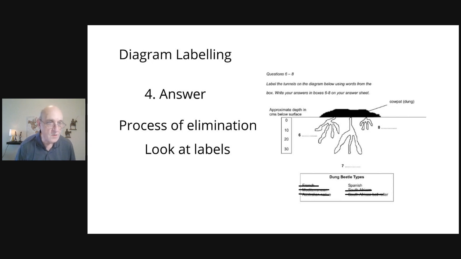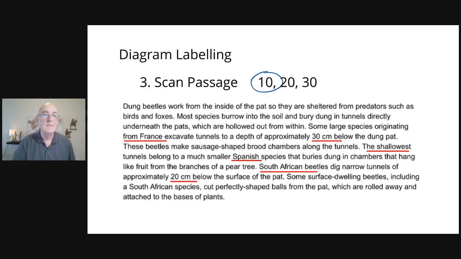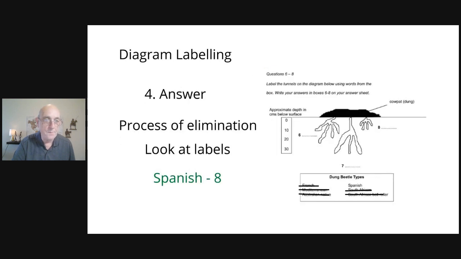And that leaves us with only Spanish left. And so that makes it quite simple. So we can see Spanish species, and the shallowest tunnels belong to that Spanish species. And out of our options, 10, 20, and 30, 10 centimeters is the shallowest. And so Spanish is the answer to number 8.